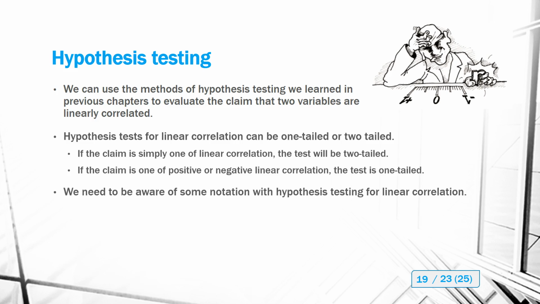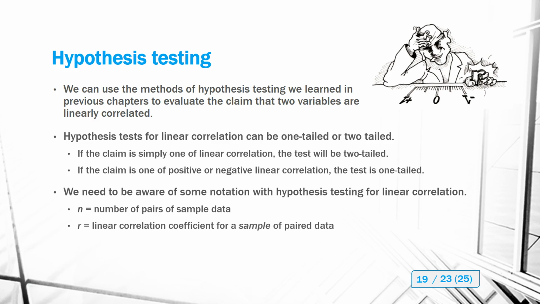We need to be aware of some notation that's typically used. So first, n is the number of pairs of sample data, as we've seen. r is the linear correlation coefficient for a sample of paired data. Okay, so the numbers that we're putting into that calculation for r, it's all sample data. So therefore, r is a sample statistic. The correlation population parameter is represented with the Greek letter rho.